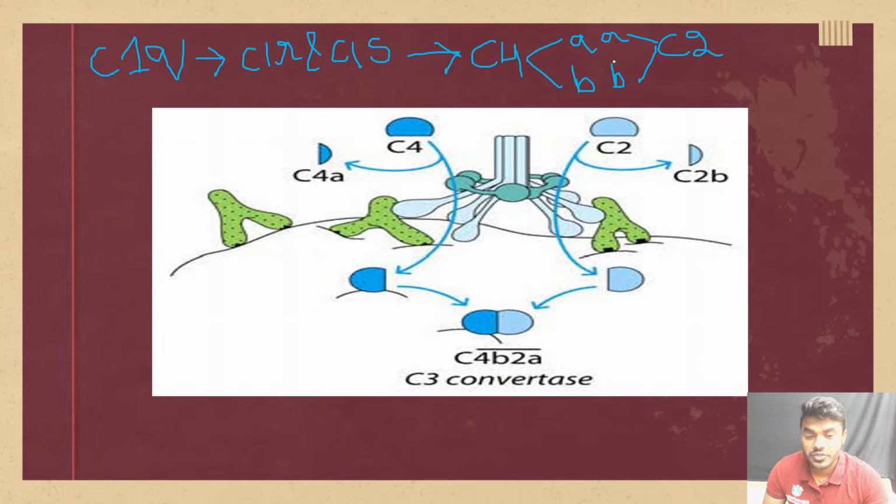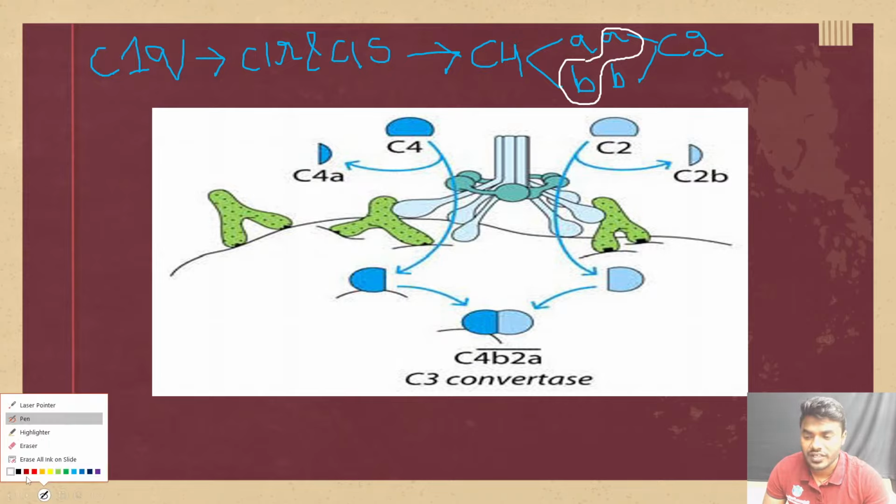What is the exception? From complement 2, A part will come, and from complement 4, like other complement components, B will come. Then C4B and 2A will be associated with each other.